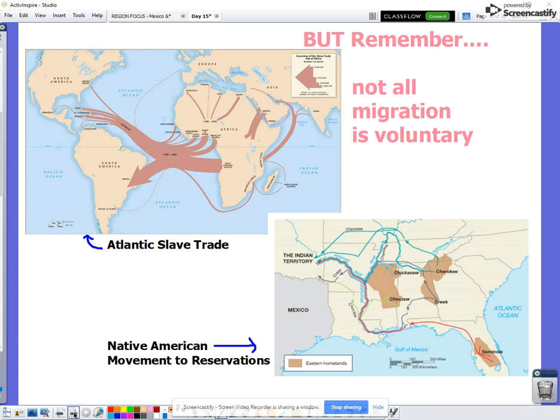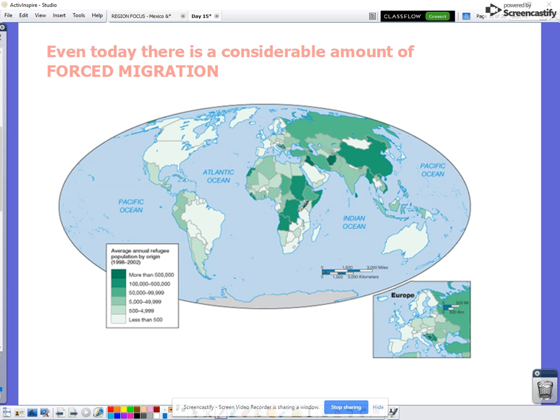Not all migration is voluntary. The three that they always want you to remember are the slave trade, the Native Americans in America, and the last one is refugees. If we looked at refugee percentage, you can see lots in Africa.